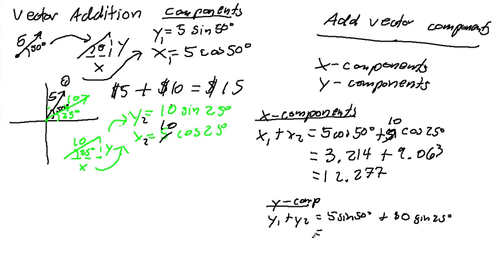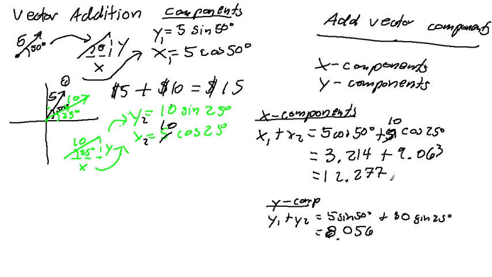So 5 sine 50 plus 10 sine 25 gives you a total of 8.056. And our units are unitless because that's what we chose to do in the first vectors.